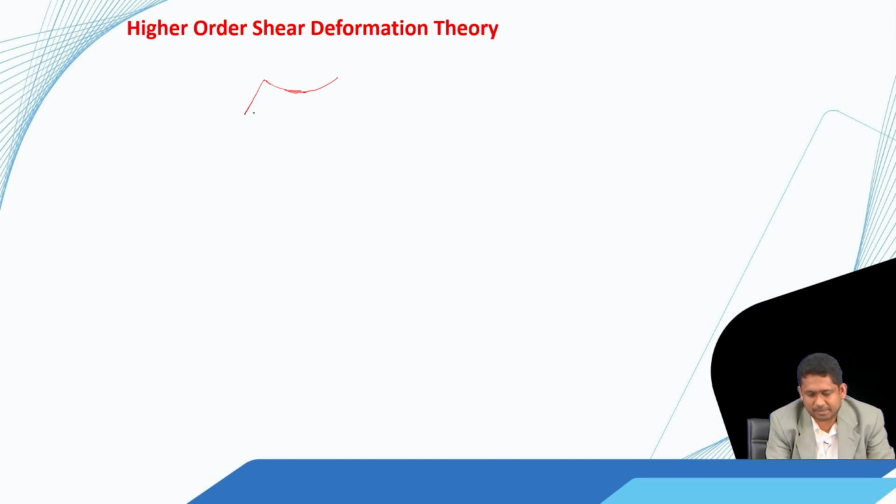bend shape of a plate. If I view from one side, it looks like this, and the angle which was initially 90 remains 90.